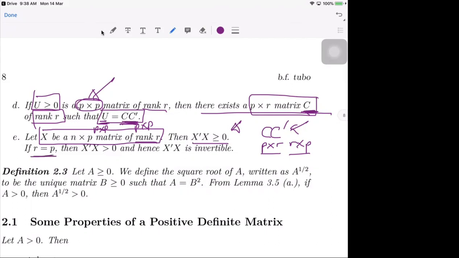But if R is exactly equal to P, meaning the rank is exactly equal to the minimum of n and P, so the number of linearly independent columns is equal to the rank of X, then X prime X becomes a positive definite matrix, so that X prime X is invertible and X prime X inverse exists.